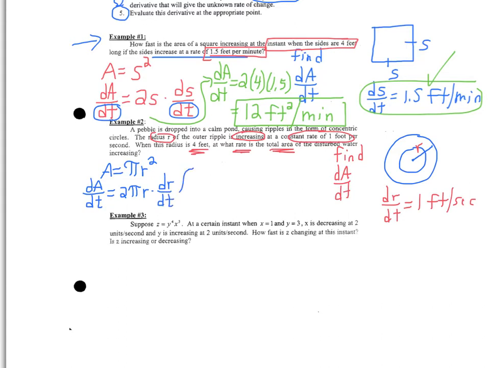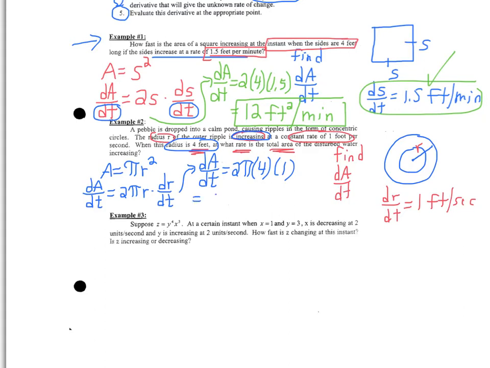So now we plug in, trying to find dA/dt. We have 2 pi. The radius is 4. So notice we don't do anything with that number until the very end. And I have 1 for my dr/dt. Again, keyword increasing. If it were decreasing, we'd make it a negative.